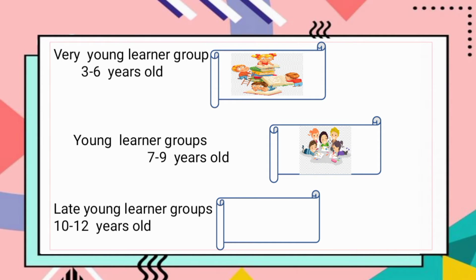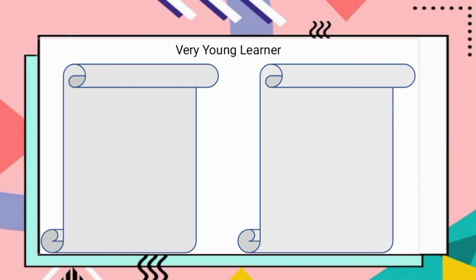The late young learner group is from 10 to 12 years old. If there are age criteria of learners, of course there are differences between those ages, both in language focus or skill use, and in each of their characteristics.